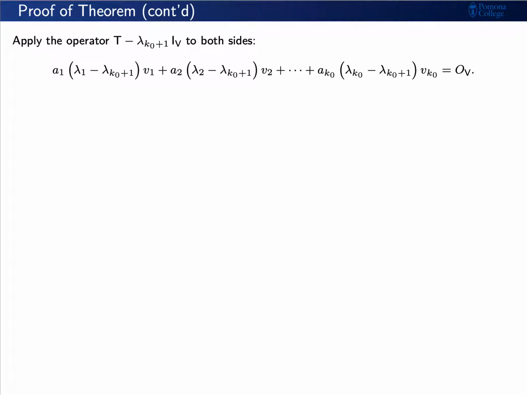To this end, let's take this expression for the zero vector and apply the operator T minus lambda k0 plus 1 times I sub V to both sides.